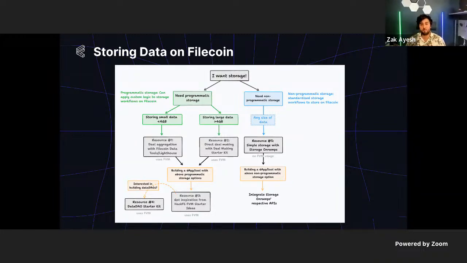But if you're feeling a little bit more savvy, you want to make deals yourself, you can use what we call direct deal making on chain with something called the client contract. And there's actually a deal making starter kit, and you'll have a link to that at the end of the presentation. But that allows you to make deals directly with Boost storage providers on chain. And you can do so by calling a function that emits an event that these Boost storage providers listen to.